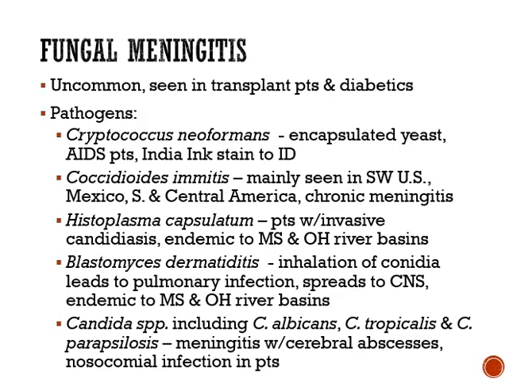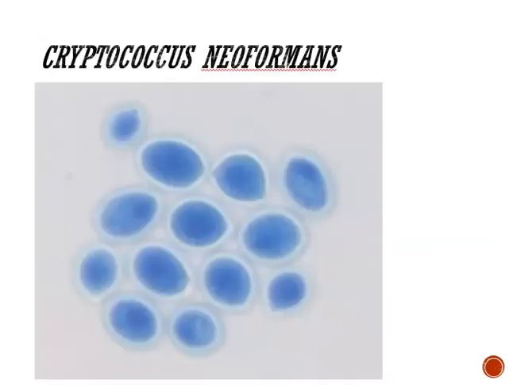And then Candida species, which includes Candida albicans, Candida tropicalis, and parapsilosis, causes meningitis and cerebral abscesses. This one can be acquired as a nosocomial infection in patients with indwelling catheters or those on antimicrobial therapy. Okay, here's your picture of Cryptococcus neoformans with an India ink stain.